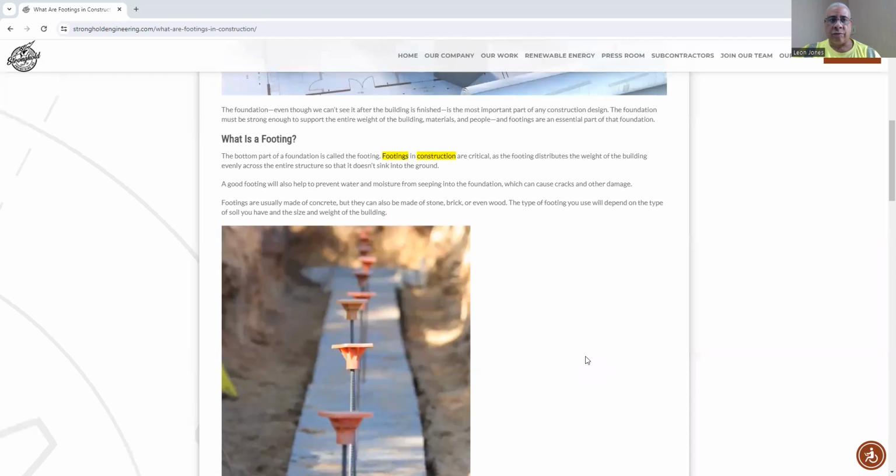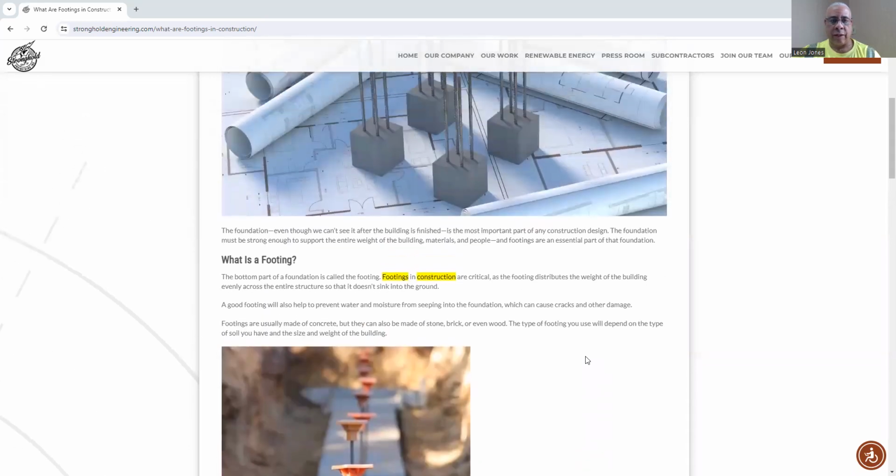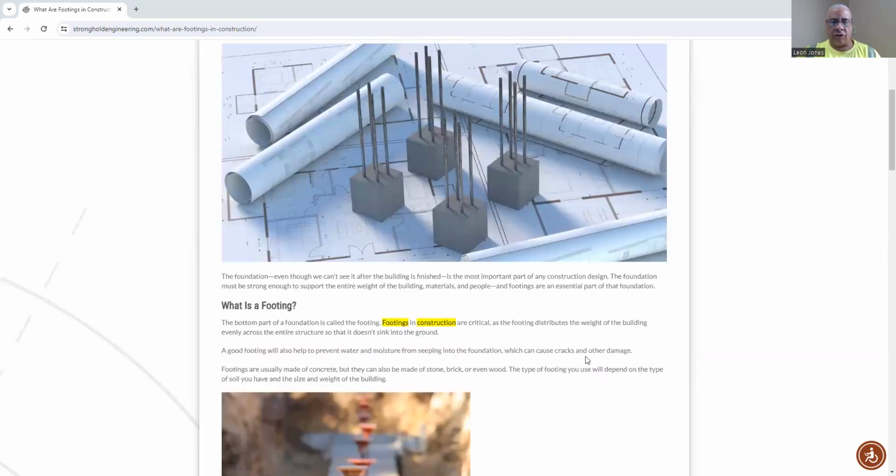I'm going to share my screen and we're going to get into what a foundation is or a footing. First, let's talk about the footings because you have footings and foundations.